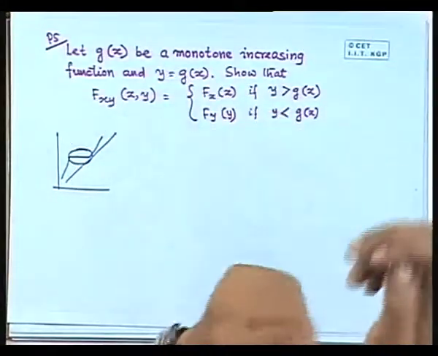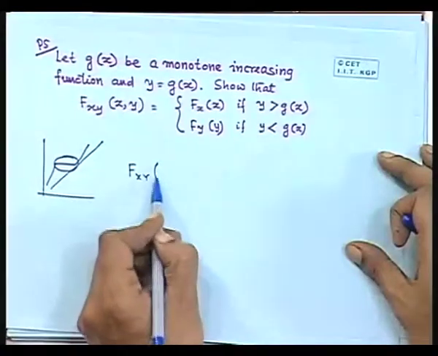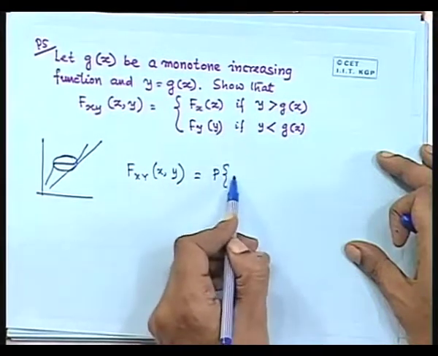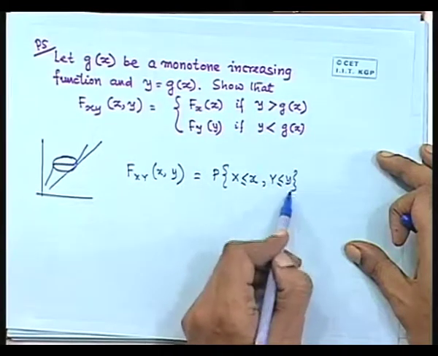Just imagine that y equals g(x). Now the question is, what is F(x,y)? You have to always go back to definitions when there is confusion. It is the probability that X is less than or equal to x and Y is less than or equal to y. Is it not?